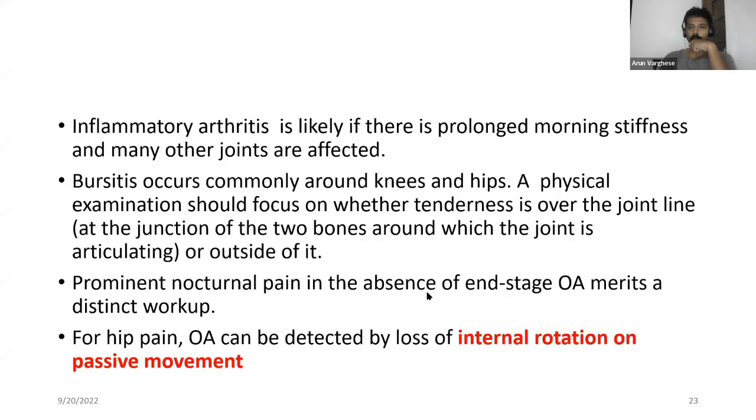Now, hip OA, our last point. Passive internal rotation will be lost or deficient. You are aware of this when you try to rotate the foot medially, not actively but passively, that will be lost. Other diagnoses are there. Bursitis usually can present like OA. It also comes from minor prolonged injuries.